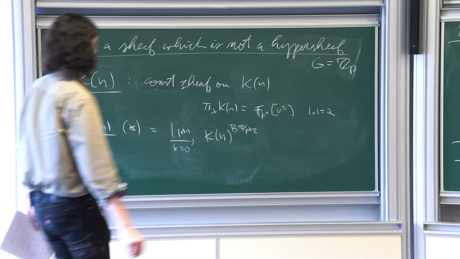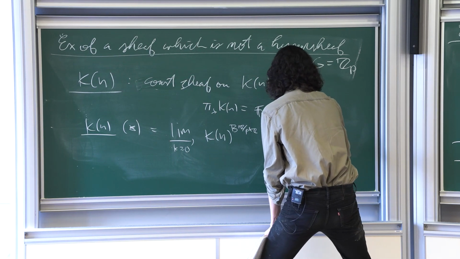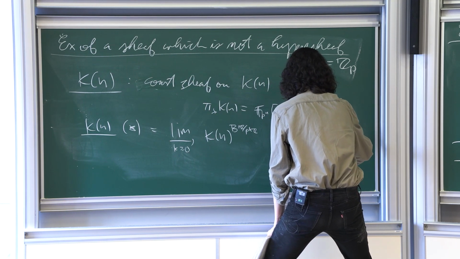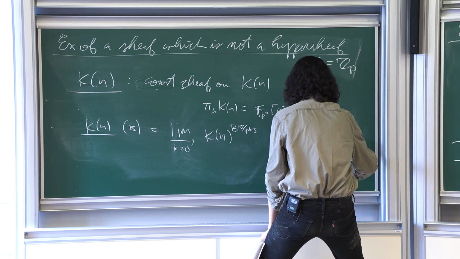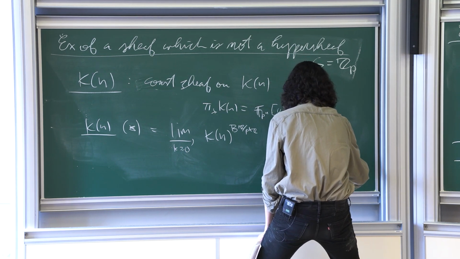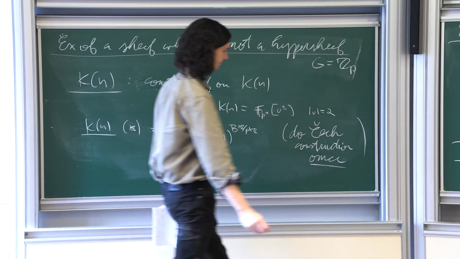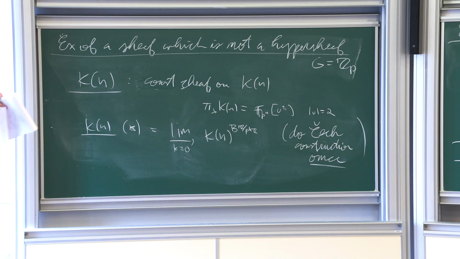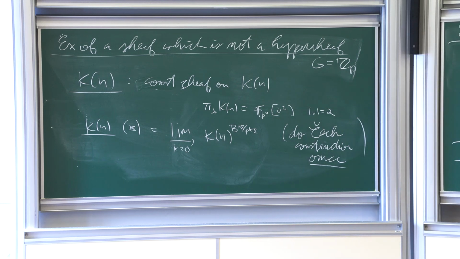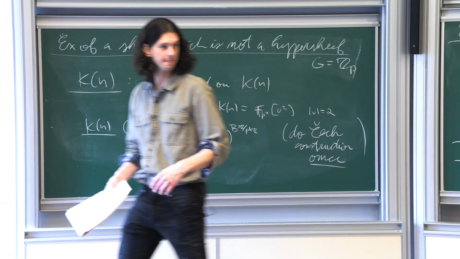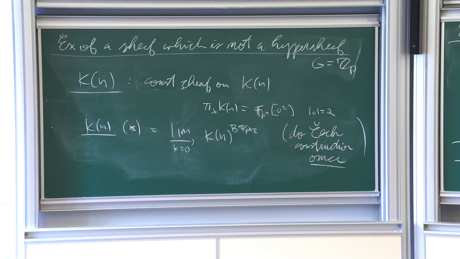So this is the claim that you just do the Čech construction just once. In general, if you want to sheafify, you take your presheaf and do a Čech construction, and then you do it again and again, maybe even transfinitely in this setting, and eventually you end up with a sheaf. But the claim is that for this one, you only need to do the Čech construction once, and it's already a sheaf. That's basically because of Tate vanishing.